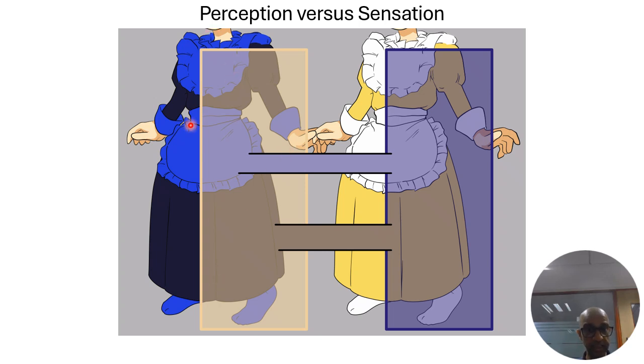So, for example, here is an artificially generated example that shows you this kind of difference. These two women in these images, you can very clearly make out that the dress is black and the apron and the frills that this one is wearing is blue, and in this other one, the dress is yellow but the apron is white.